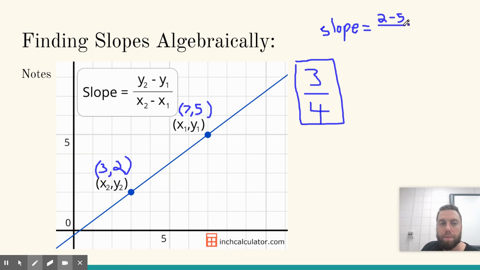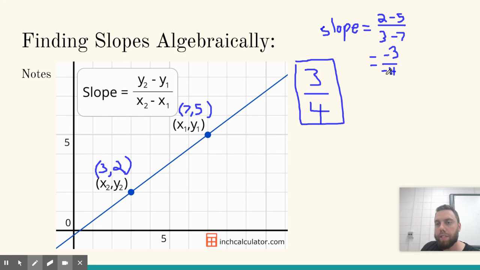Over, or divided by, and then it tells us x2. x2 is 3. And minus x1 is 7. Notice that the 3 and the 2 are from the same point. The 5 and the 7 are from the same point. If you accidentally switch these around, you will get the wrong value for slope. 2 minus 5, negative 3, and 3 minus 7 is negative 4.